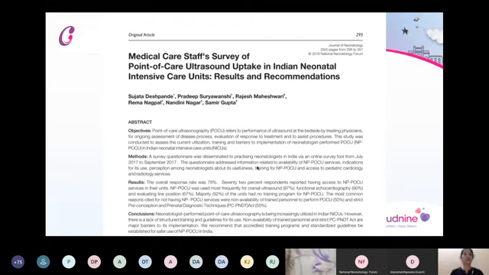The reasons that were given for not doing the point of care ultrasound, according to this survey, were either absence of expertise or absence of training, strict PCPNDT Act, which is very important. I'll just mention a little briefly about that. Then availability of radiology and cardiology services. So they had access to radiologists and cardiologists, so the people chose not to do point of care ultrasound.